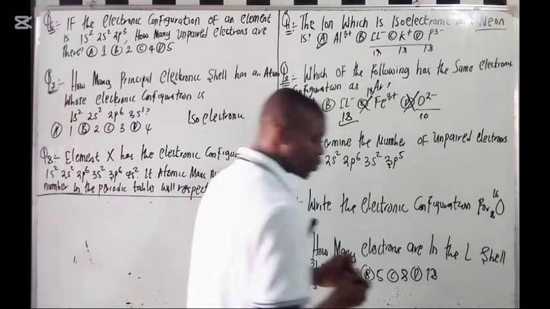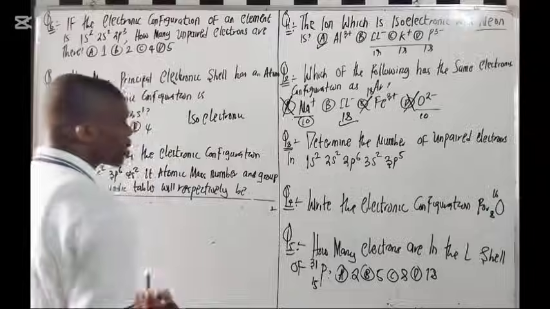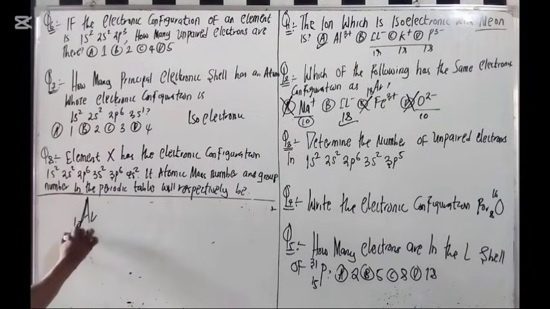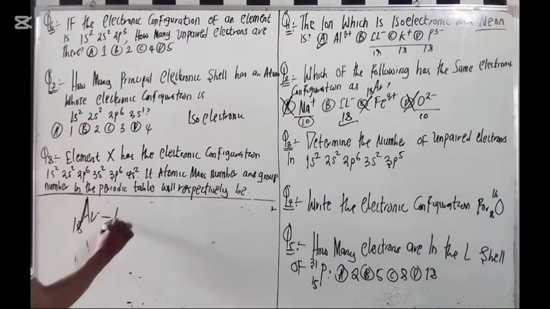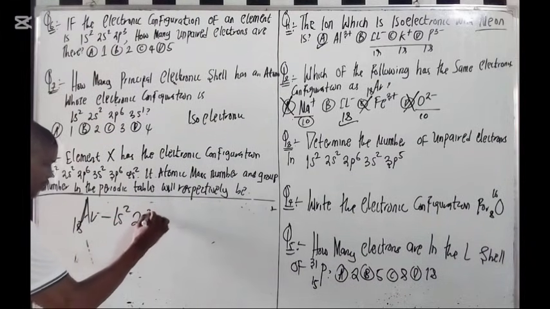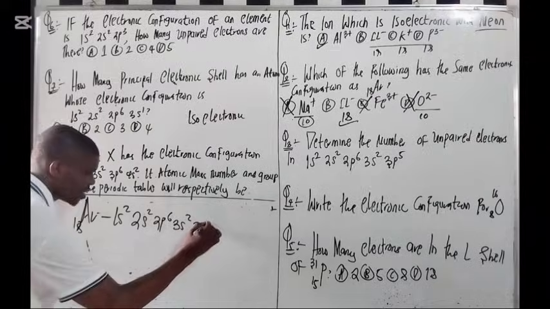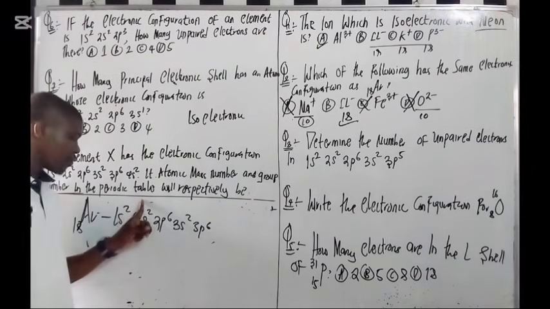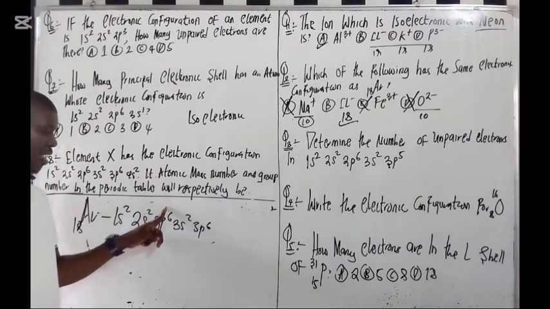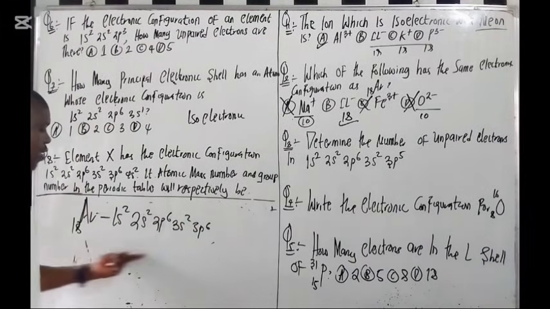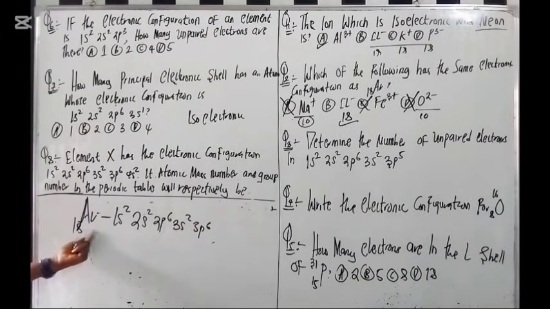Two of them have the same electron configuration. If you write the electron configuration of argon, argon 18, it is 1s2, 2s2, 2p6, 3s2, 3p6. Make it: 2 plus 2, 4 plus 6, 10 plus 2, 12 plus 6, 18. So this is the electron configuration for argon.